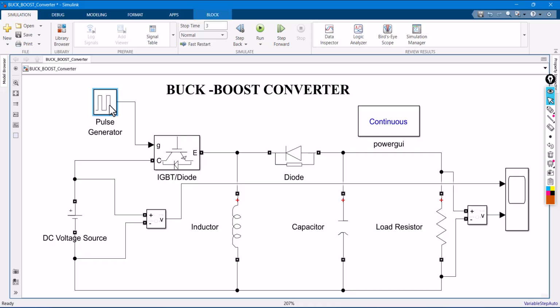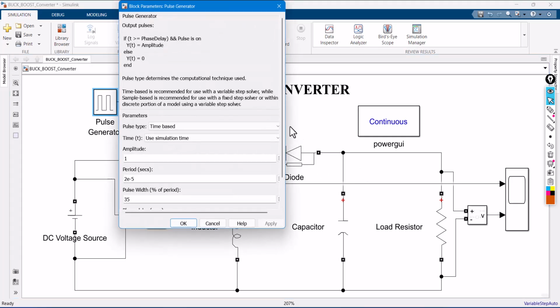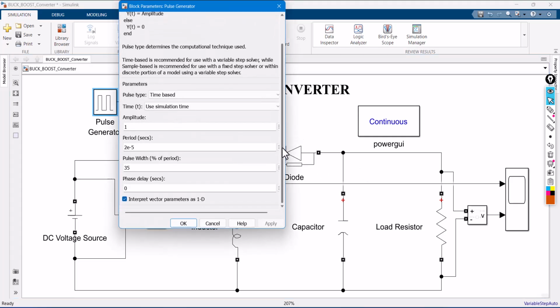For example, if I use a pulse width of greater than 50%, it will act in boost mode. If my pulse width, that is the duty cycle, is less than 50%, it will act in buck mode. In this case, for example, I am taking a pulse width of 35%.